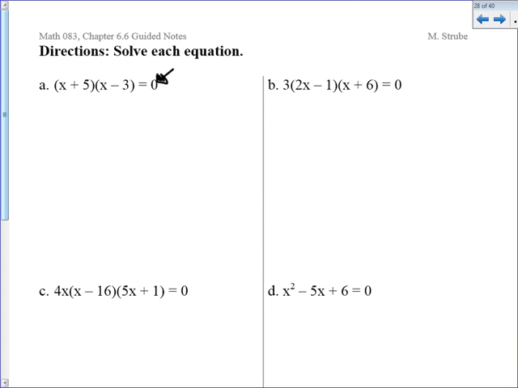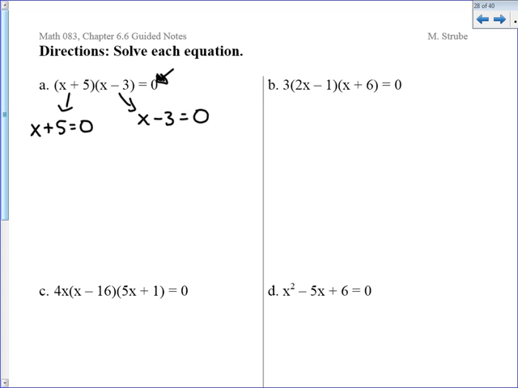So this is like the last step of all the problems. You've got your factors, it's equal to 0. To find your solutions, you take any factor that has a variable and you set it individually equal to 0. Because with our zero factor property, if these two factors multiply to be 0, one of them has to be 0.